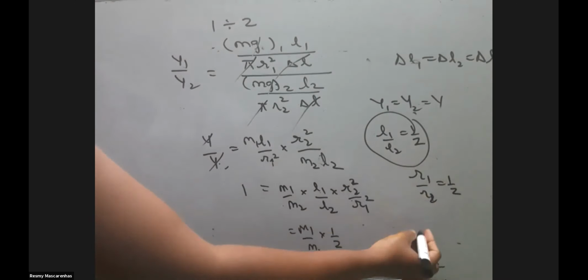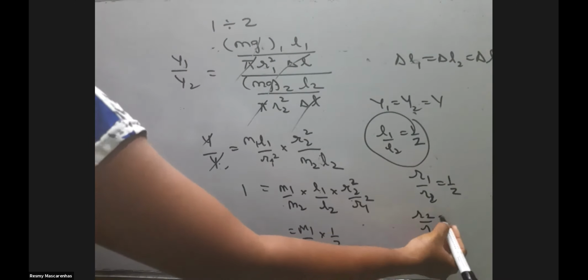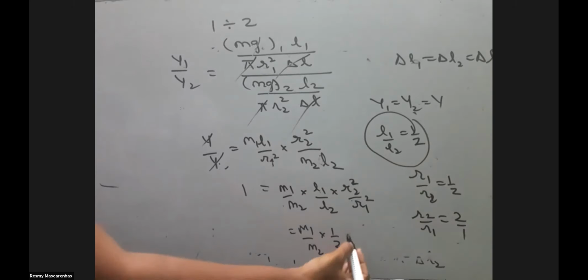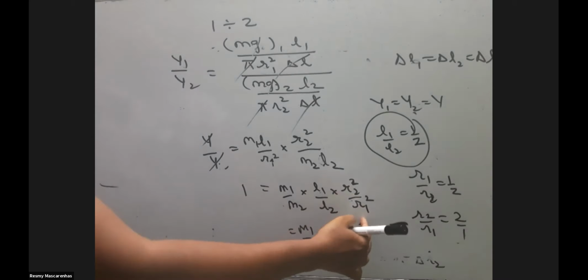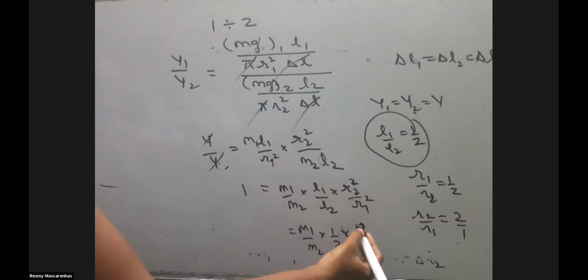So what will be R2 upon R1? 2 by 1, because this is reversed, R2 upon R1, and there's a square.